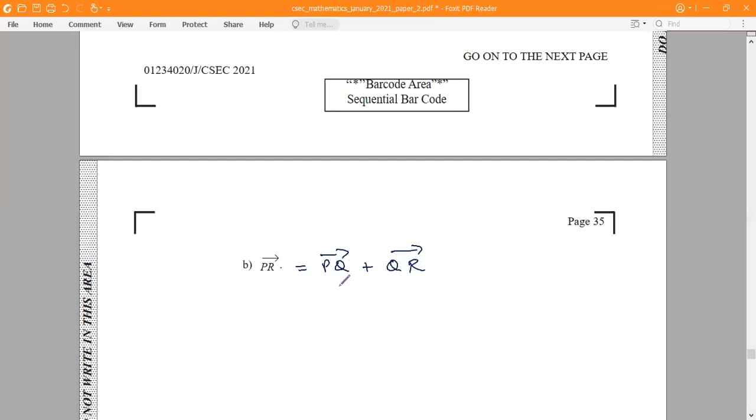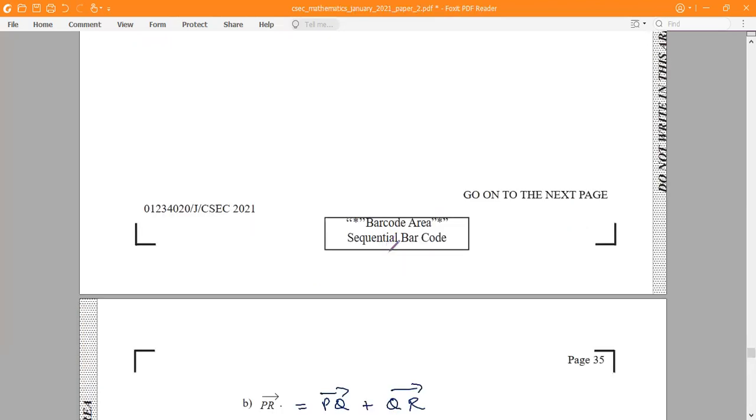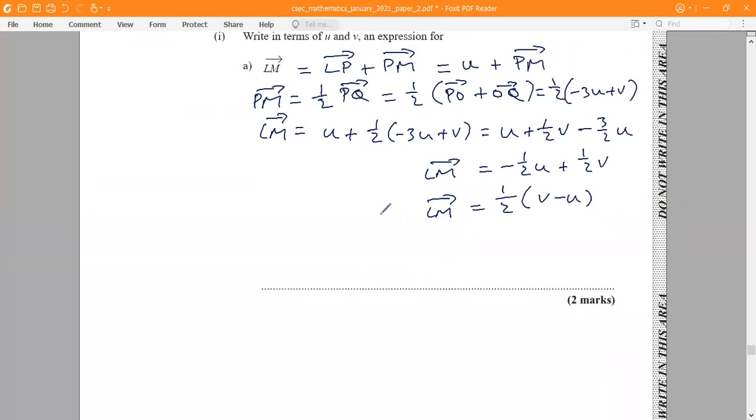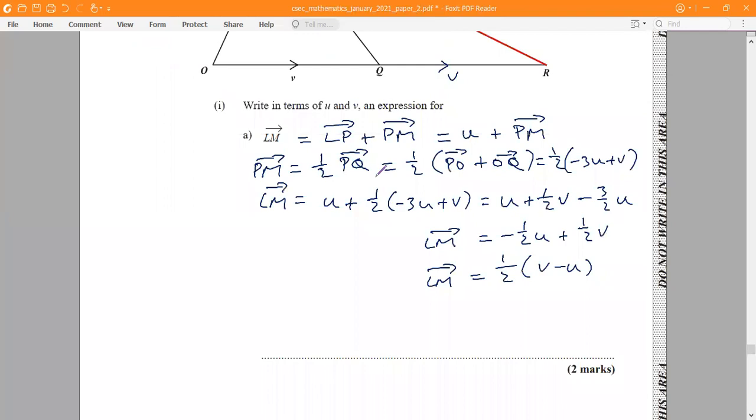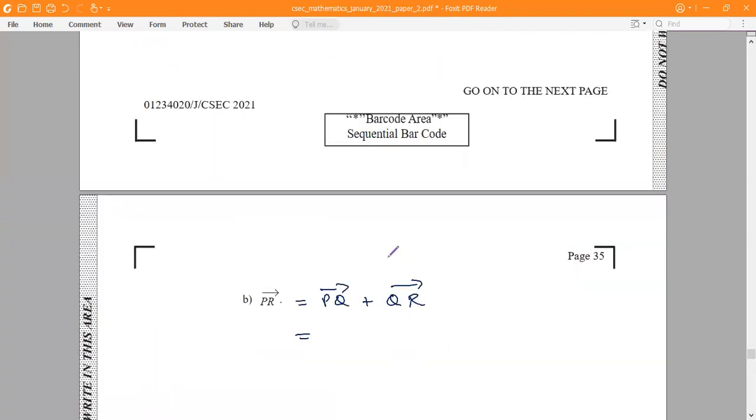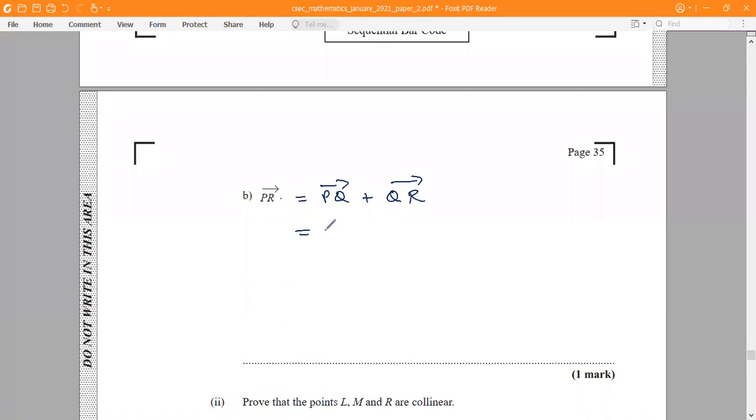PQ being V minus 3U, as we worked out before, plus QR, which is V. So this will give us 2V minus 3U. This is the value of PR.